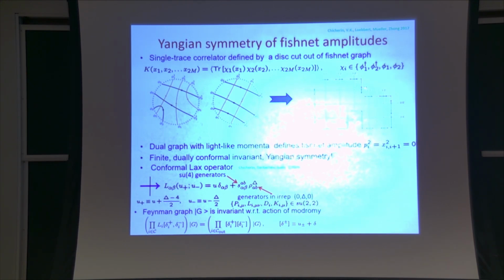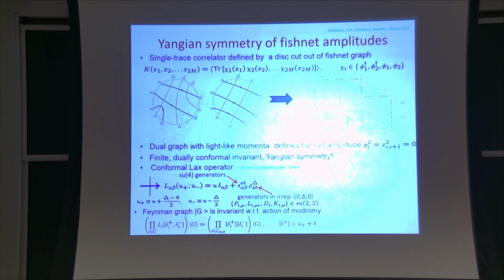And you change appropriately u plus, u minus. Every time you turn to the right, you add 1 unit to each u plus, u minus. If you turn left, you subtract.